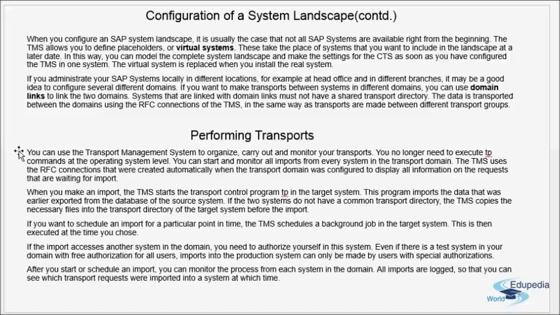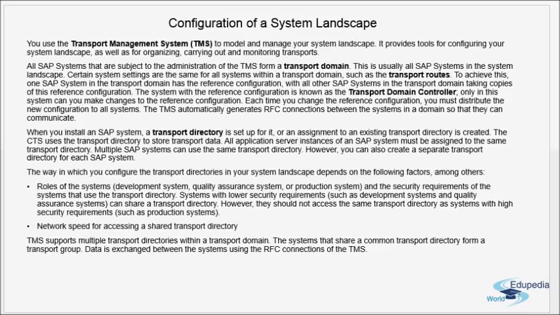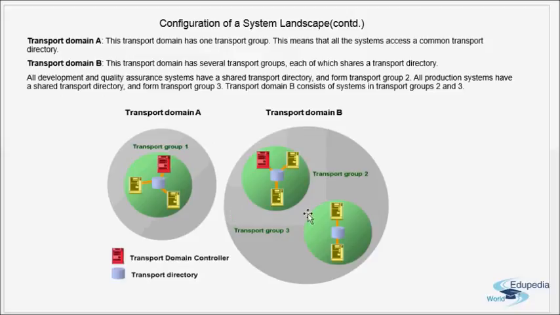The other important thing is, if you're doing an import from one system to another in two different transport groups, that means they have different transport directories. Then the system automatically takes care of FTPing the files from one directory to another, or you have to manually copy those transport files from one transport directory to another.